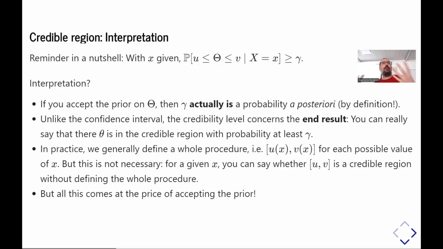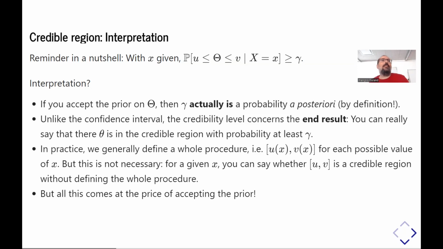So you can say whether one particular interval is a credible region for a particular value of x, whereas that makes no sense for the confidence interval, because you have to judge the procedure as a whole.